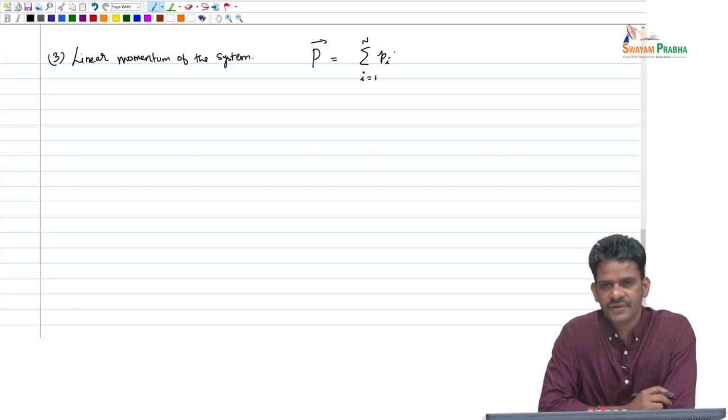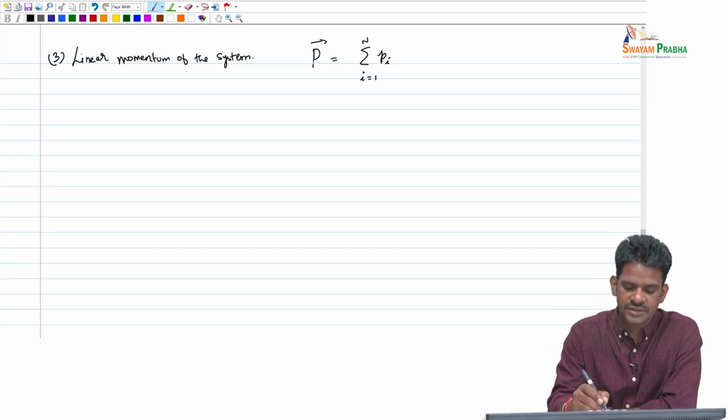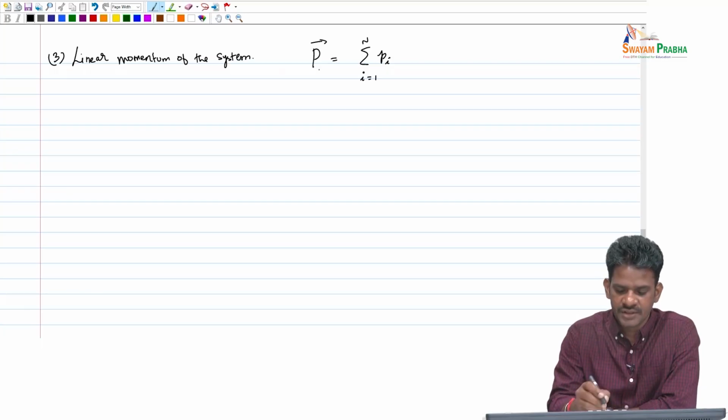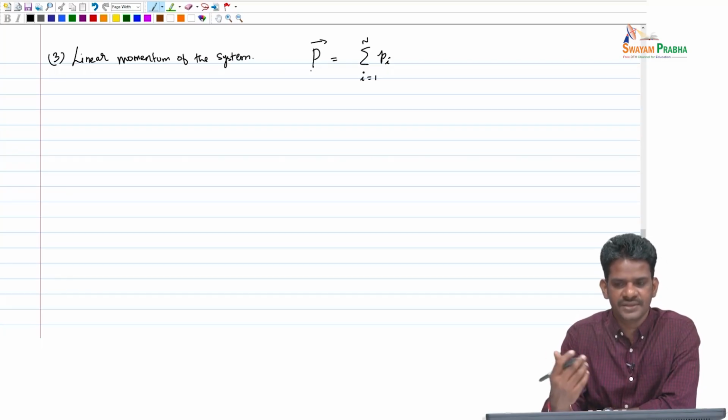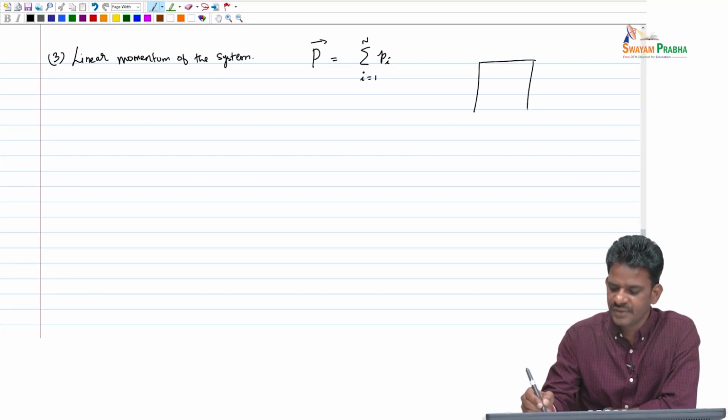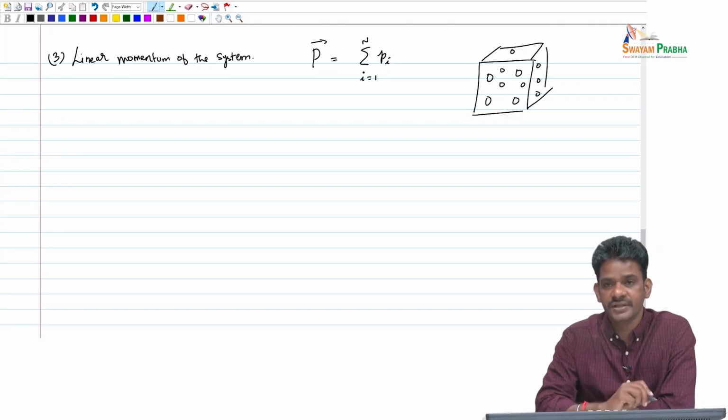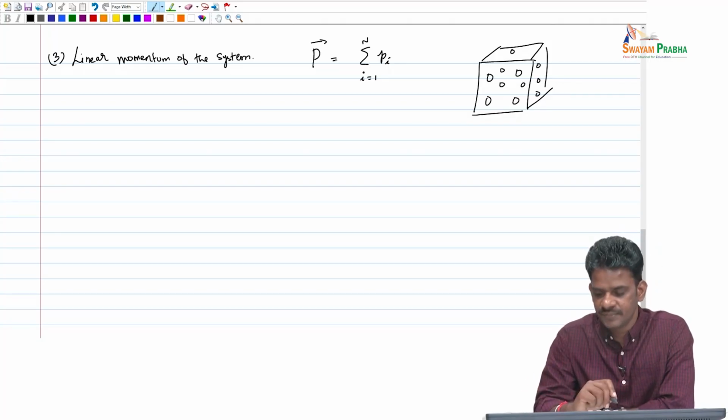Okay, this is at any given time t. If you look at this total momentum, this basically tells the total momentum of the entire system. So I might have a simulation box with many particles with respective momenta, and then we find the total linear momentum of the entire system.